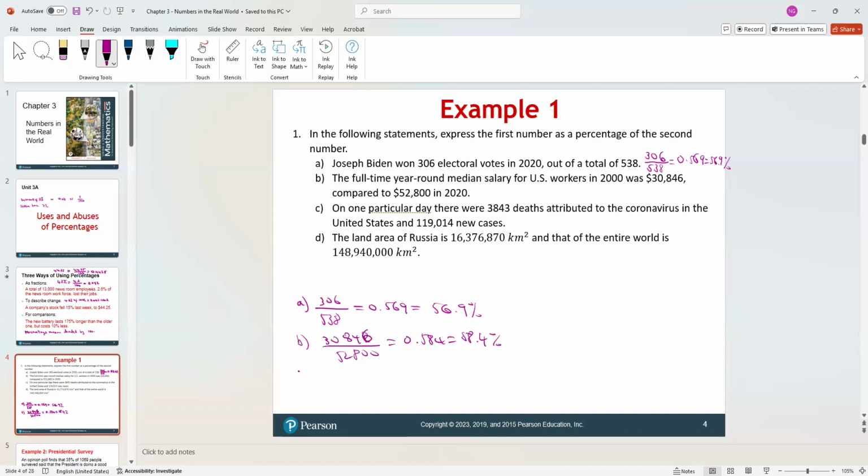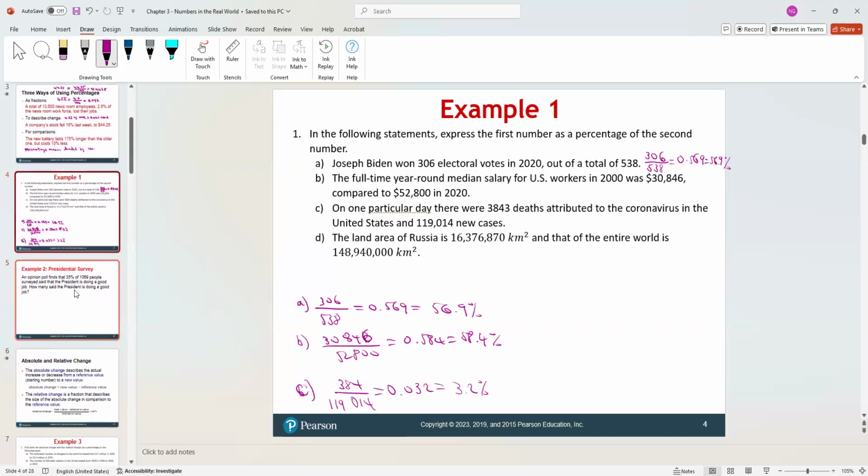Remember, what they ask you to do again is to express the first one in function of the second one. All you need to do is 3,843 over 119,014. So again, in this example, it gives you 0.032, 3.2%, because we move the decimal point 2 units to the right.